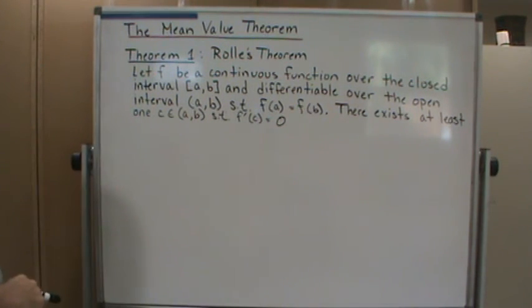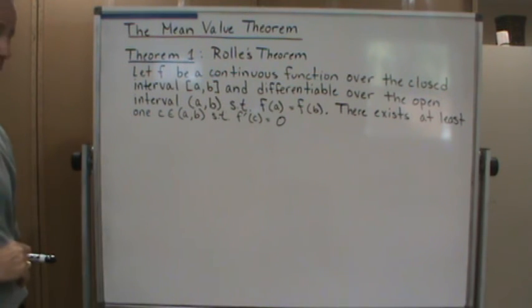So there must be at least one interior point such that f prime of c is equal to 0. That's what Rolle's theorem states.